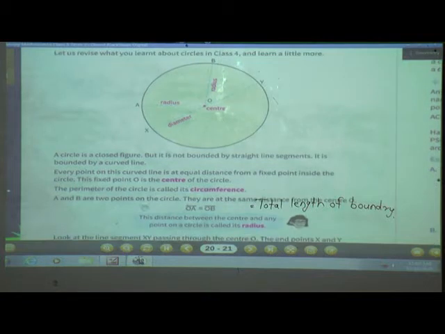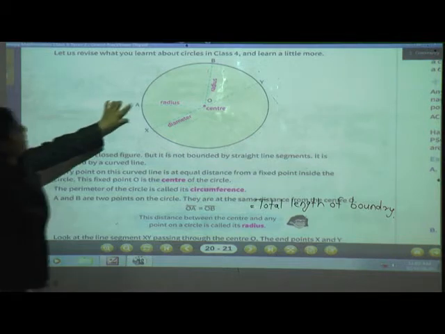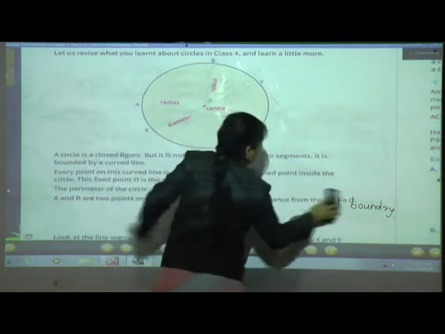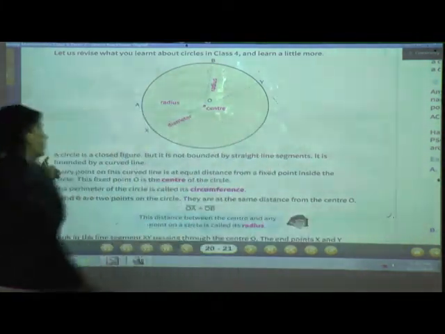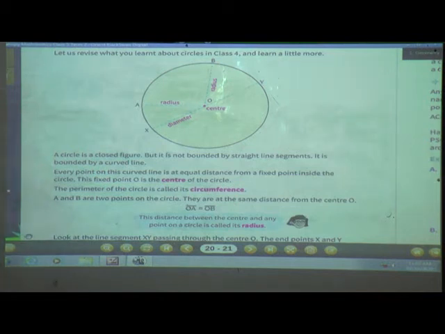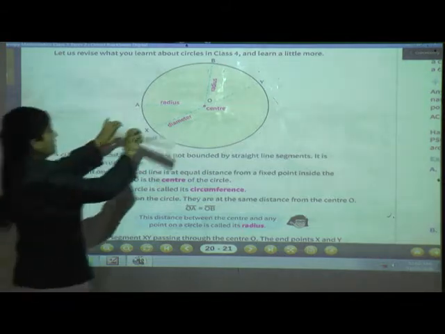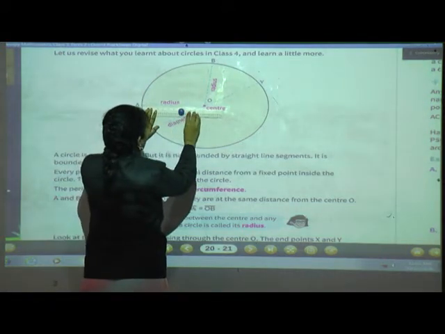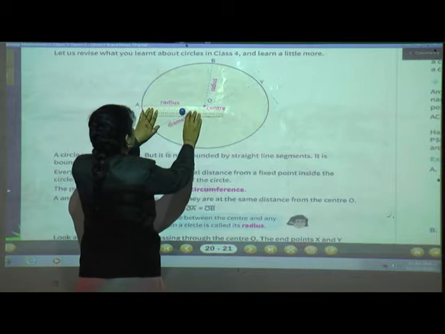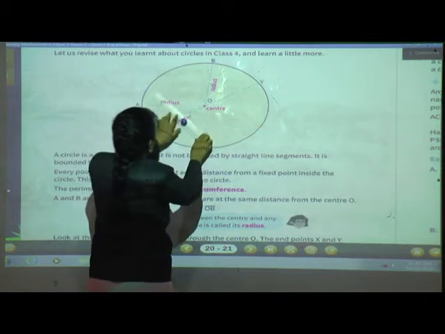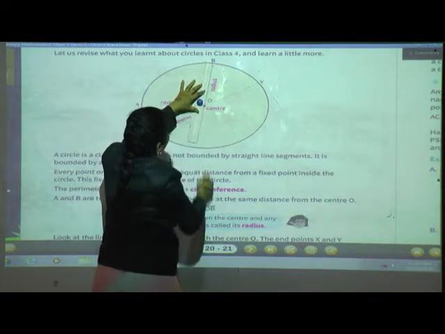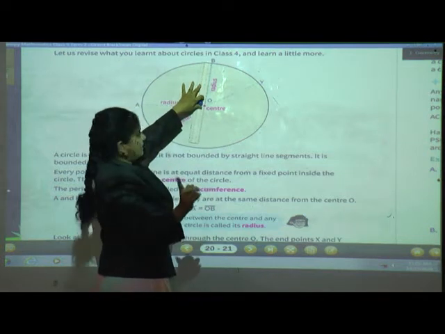A and B are 2 points on the circle. Where are they? See here. They are at the same distance from the center O. See, if we calculate, OA is 10 centimeter and even OB is equal to 10 centimeter.